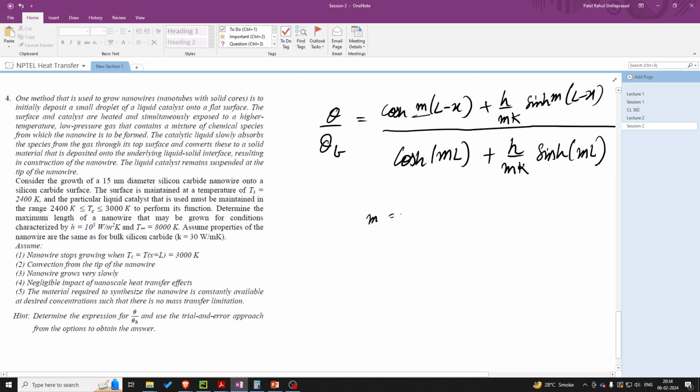Here m is nothing but the square root of hP upon kA.